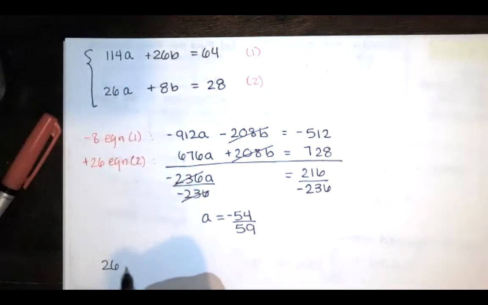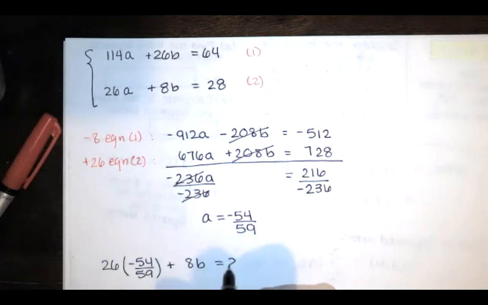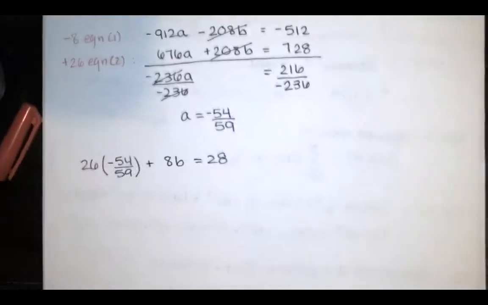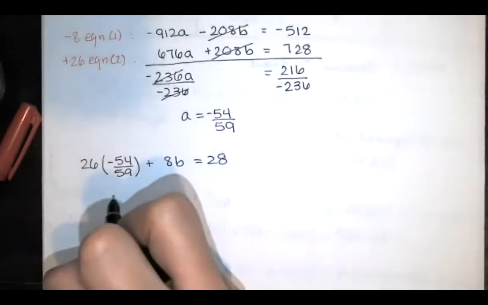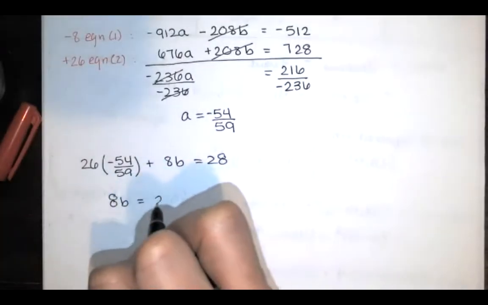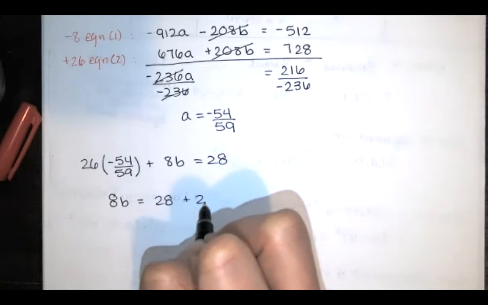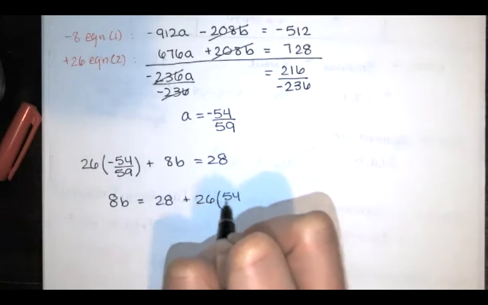So we'll have 26 times A plus 8 times B equals 28. So we'll have 8B equals 28 plus 26 times 54 over 59.